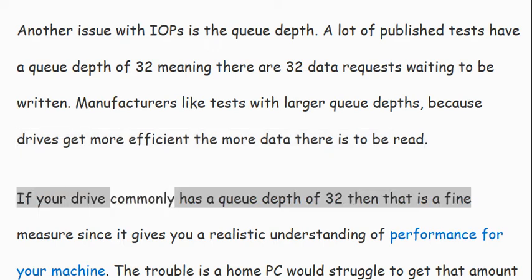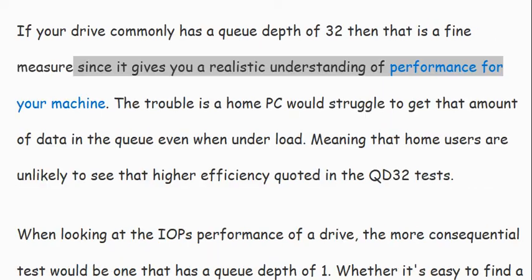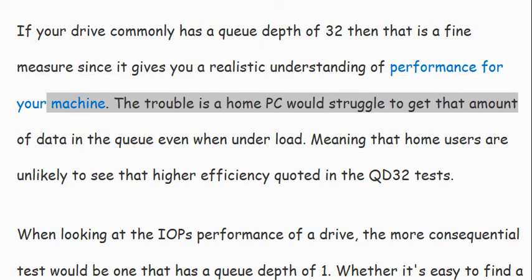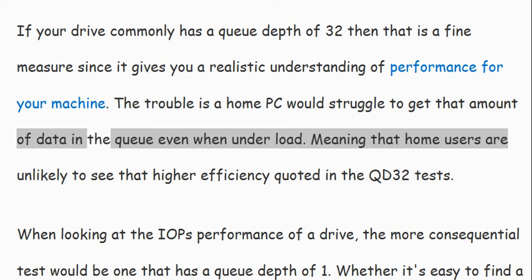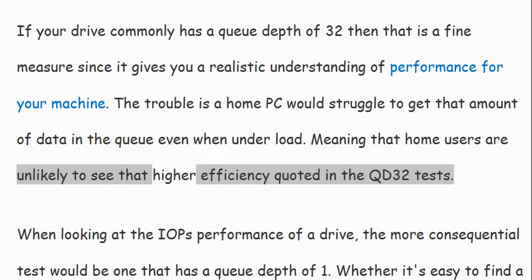If your drive commonly has a queue depth of 32, then that is a fine measure since it gives you a realistic understanding of performance for your machine. The trouble is a home PC would struggle to get that amount of data in the queue even when under load, meaning that home users are unlikely to see that higher efficiency quoted in the QD32 tests.